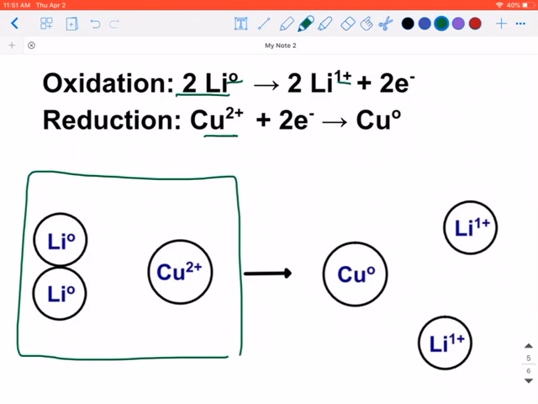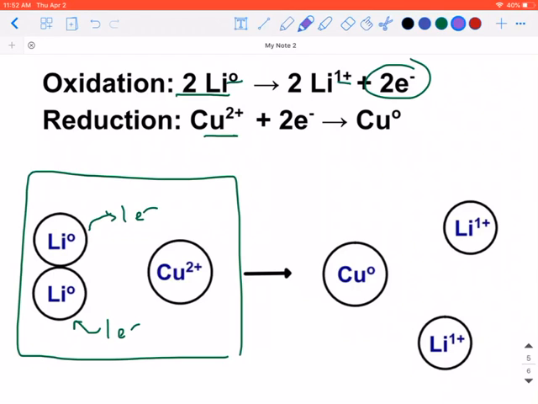Hopefully you say 1. This lithium atom here is losing 1 electron, and this lithium atom here is losing 1 electron, so 2 electrons total, okay? But where in the heck do those electrons go?